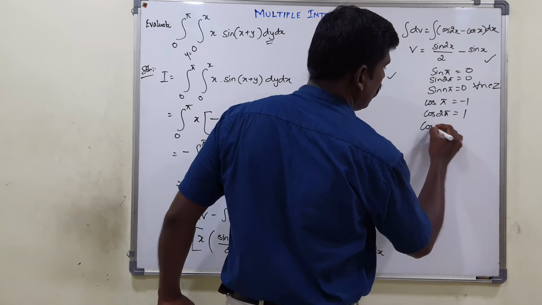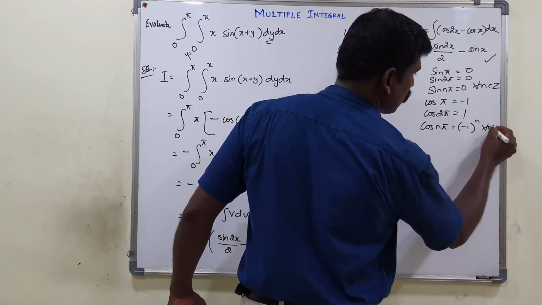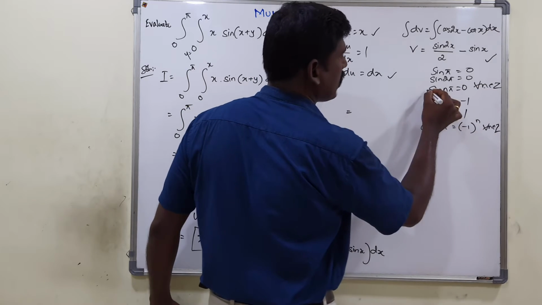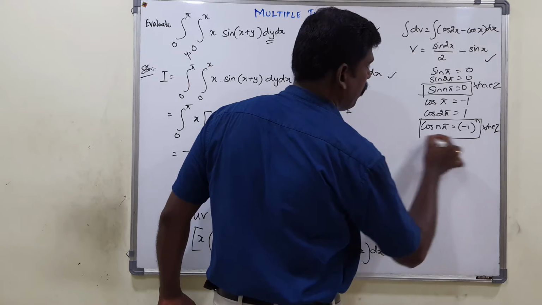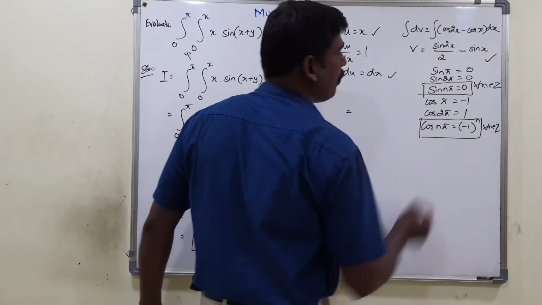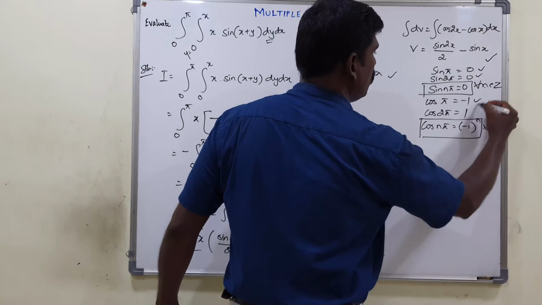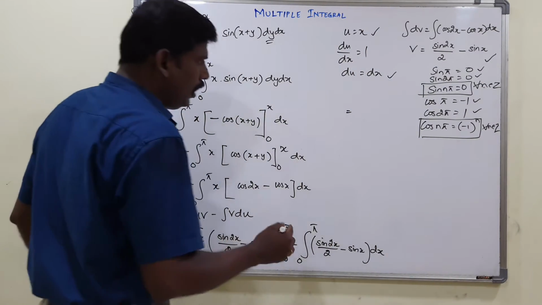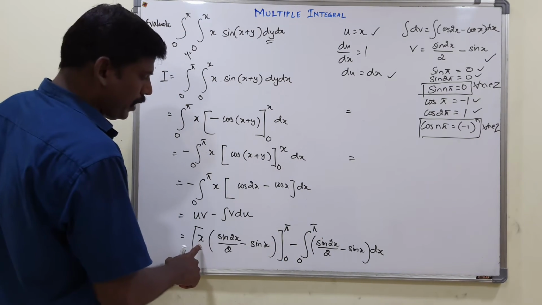In general, cos n pi equals minus 1 to the power n. We use these four results here by substituting x equal to pi.